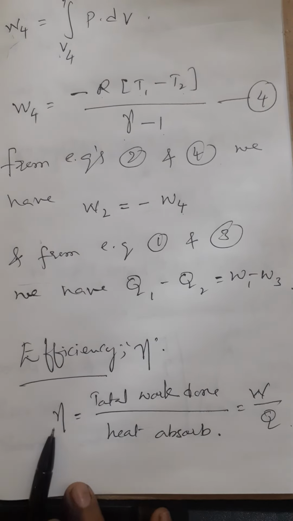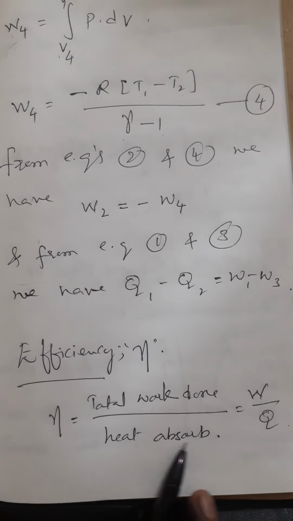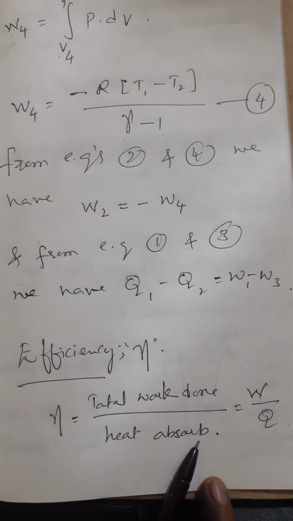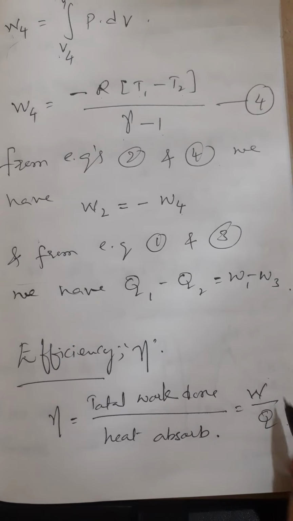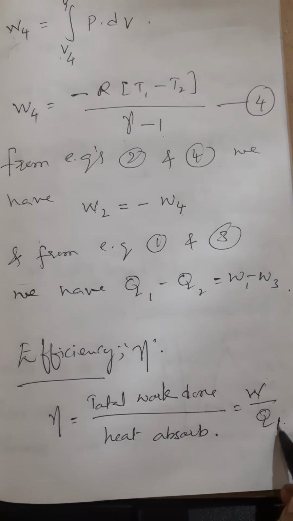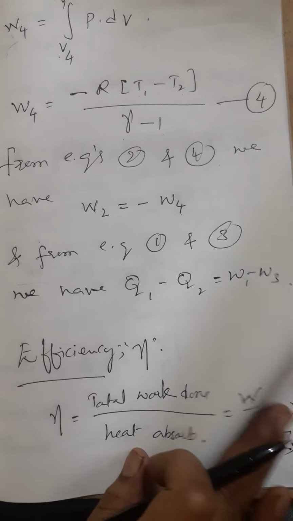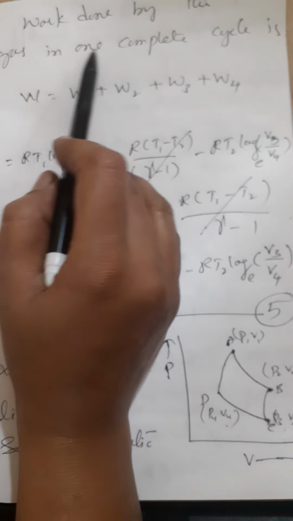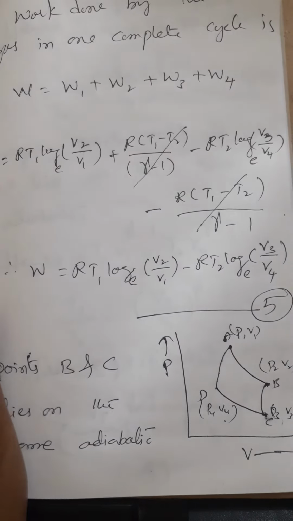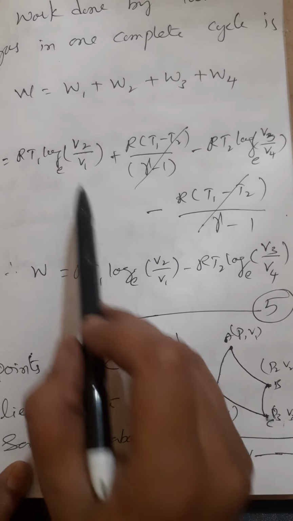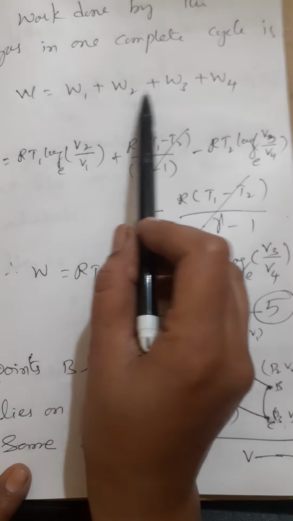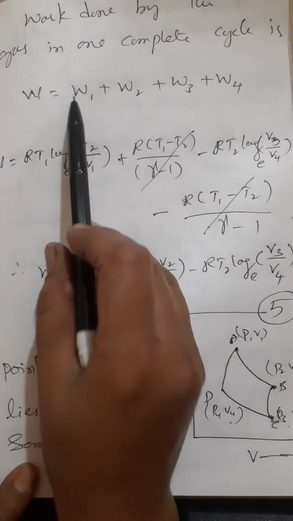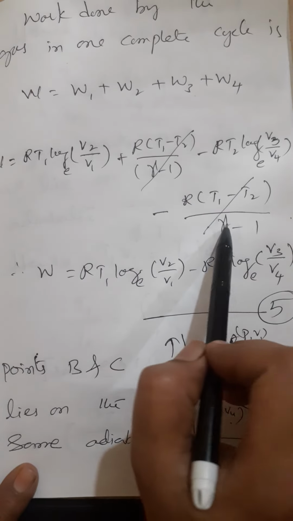Now we have to calculate the efficiency. Efficiency is nothing but the total work done by the engine divided by the heat absorbed by the engine, so that can be written as W by Q1. Heat initially absorbed by the engine is Q1. Work done by the gas in one complete cycle is W1 plus W2 plus W3 plus W4. We substitute the values of W1, W2, W3 and W4.